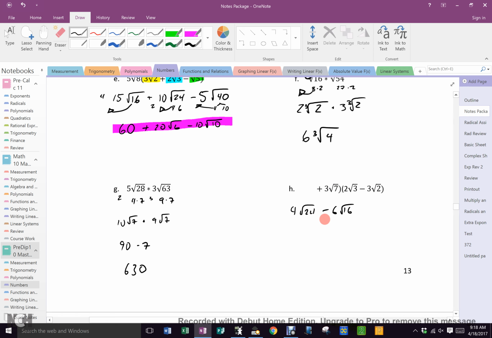Now pretend that this side's not there. And what would you get? 6 root 21 and minus 9 root 14, correct? Then what would you do? Because I got 4 root 24 minus 6 root 16 plus 6 root 21 minus 9 root 14.